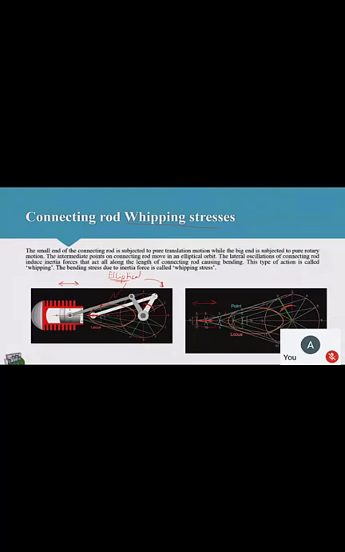That means it is going to oscillate, which will result in lateral motion of the connecting rod. Because of the lateral motion, lateral forces will be induced, and these lateral forces will induce a bending which is called whipping stress.